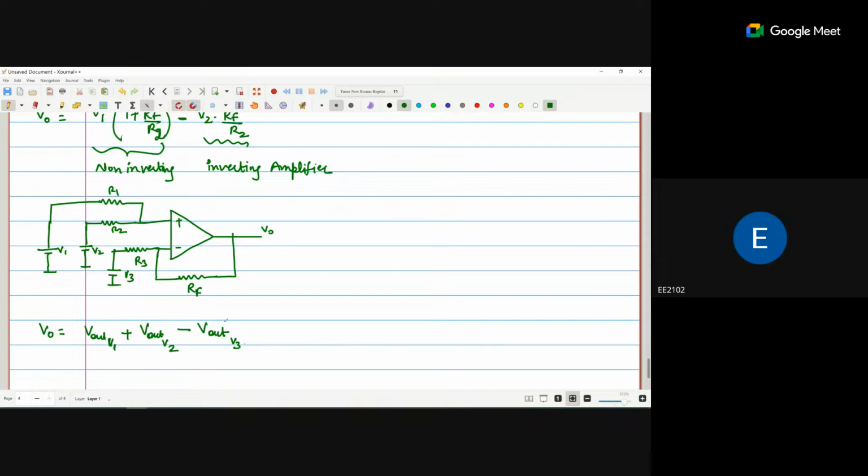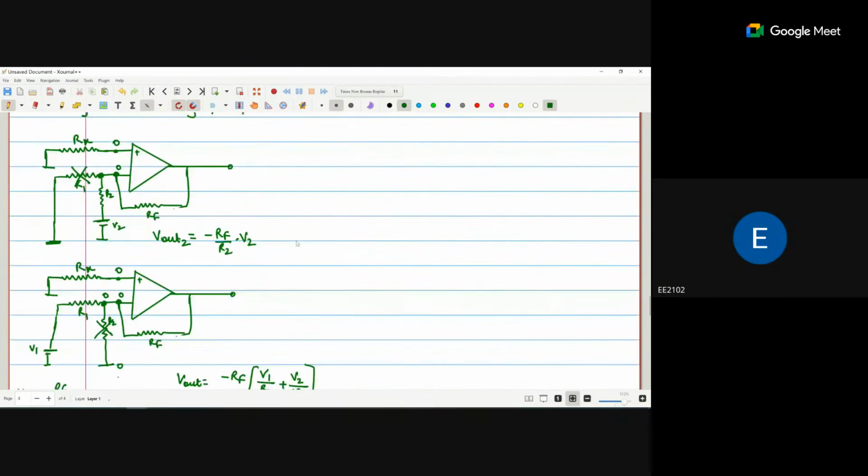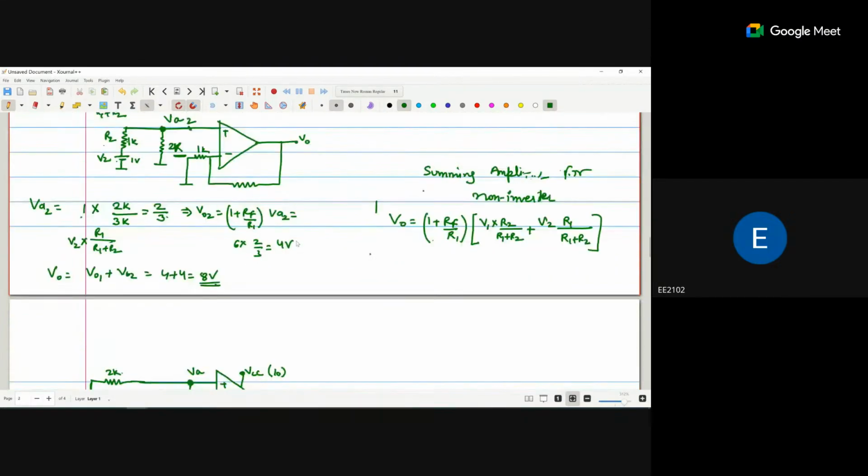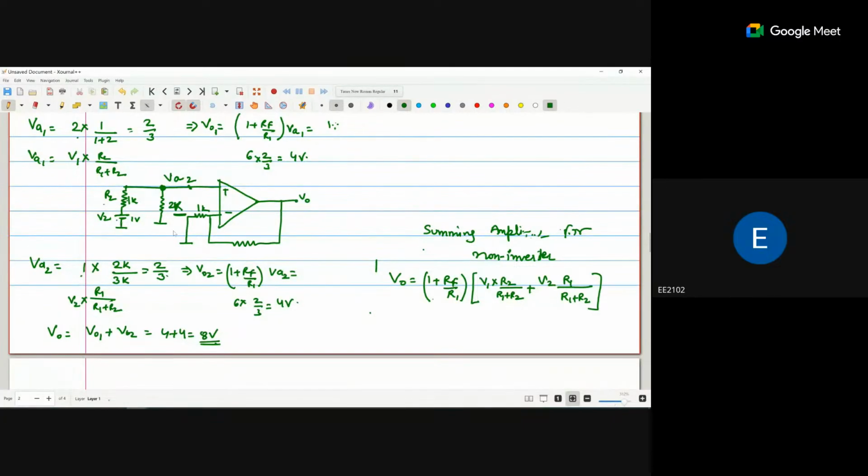Here we use the summing amplifier equation. We already discussed the summing amplifier when we connect two voltage sources at the positive terminal. So this is my equation. I am using this equation.